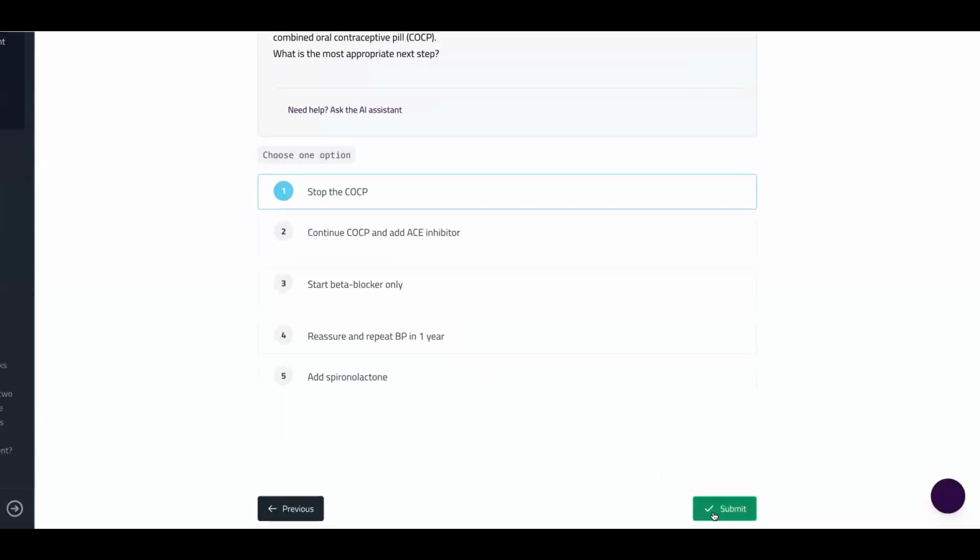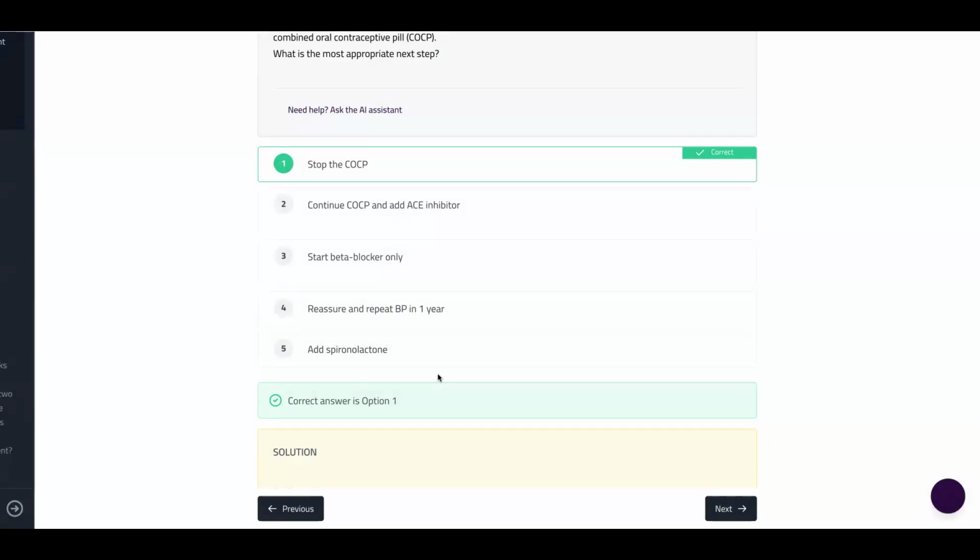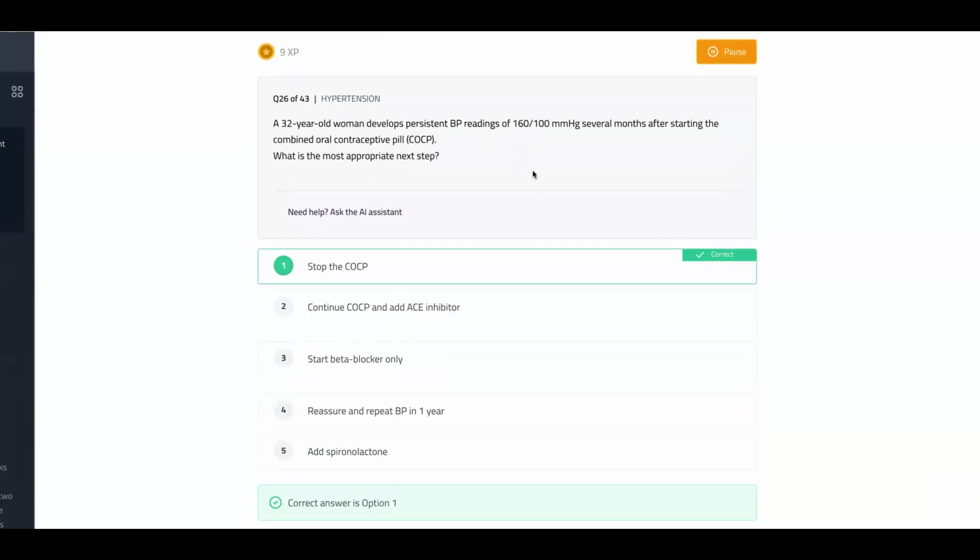For this patient, would you start an ACE inhibitor? How? We stop the pill and investigate, since she is young. We will investigate for other causes of secondary hypertension. If nothing else is found, we stop the combined oral.